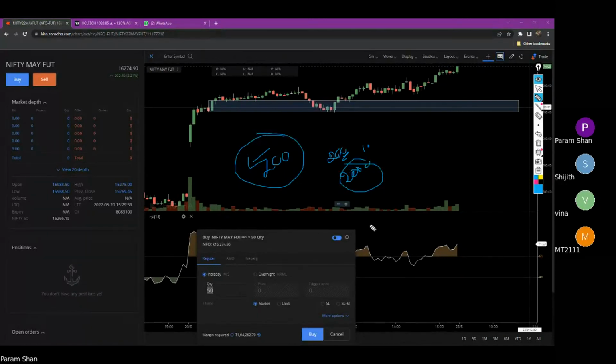Consistent small profits will take you higher than consistent big losses, correct? That's why I take more time entering options. I don't create any urgency to trade at all. With a single trade of 500 shares, if you get 4 rupees, we can easily gain 2,000 in equities itself.